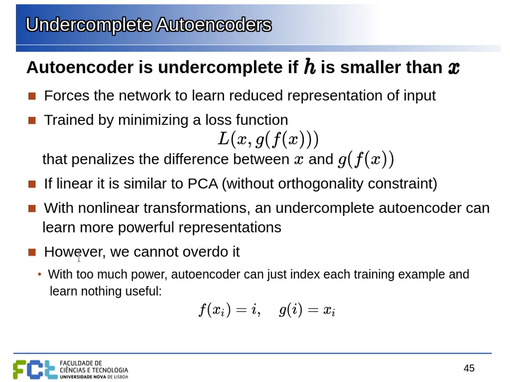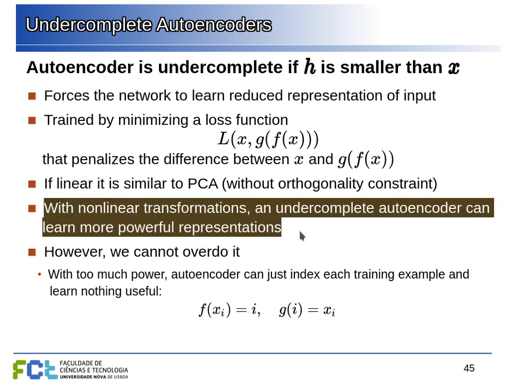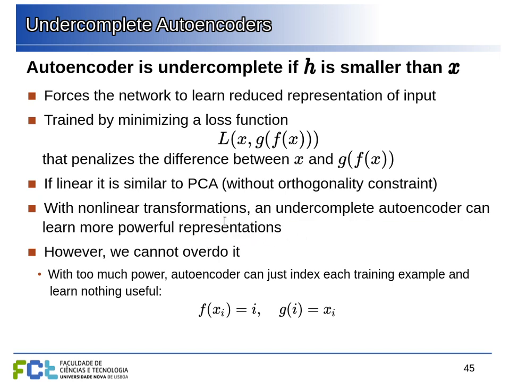But since we have nonlinear transformations, we have something that is more powerful than what we would have, for example, with principal component analysis. Of course, if we have a very, very large network, there is a problem that the actual information about the examples may start to become encoded in the weights of the encoder and decoder, and the latent representation can be mostly useless.